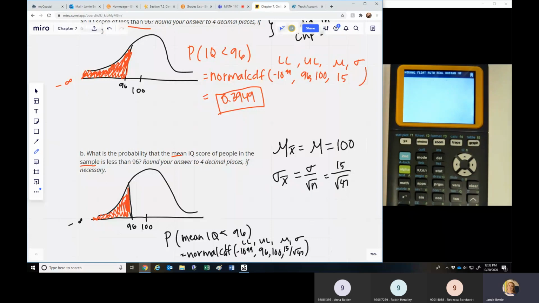All right, so clear out your calculator. Second vars, go to normal CDF. All right, so negative 10 to the 99, that's right. Then 96, then 100, then 15 divided by the square root of 47.